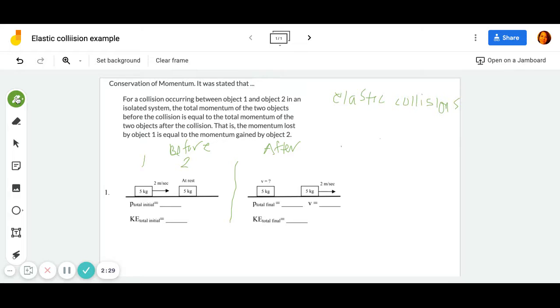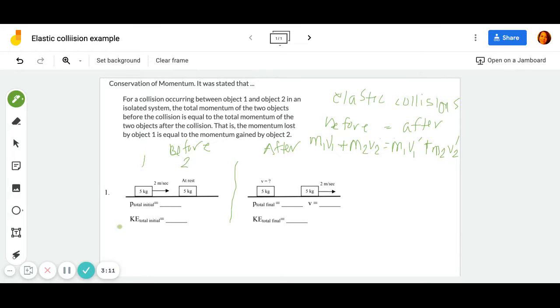So we have m1 v1 plus m2 v2 equals m1 v1, I'm going to put this little prime there. That just means the new velocity after, plus m2 v2 prime. Again, the velocity of object 2 after the collision. So we can put above this again: before equals after.